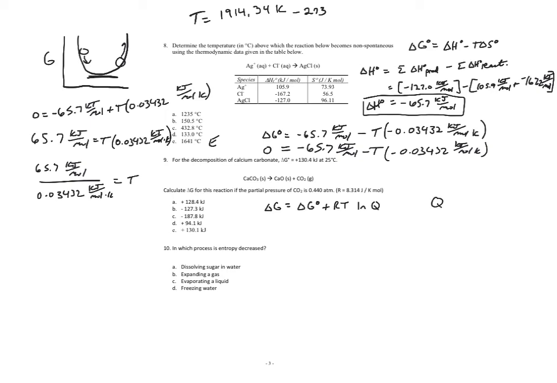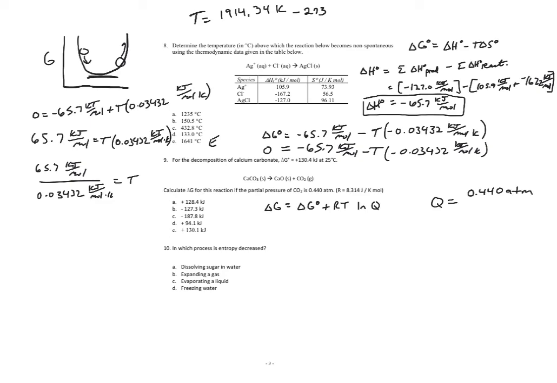Number one, if we're thinking about Q, normally you can think about this in terms of partial pressures or concentrations of your substances. Notice in this case, you are given a partial pressure of CO2 of 0.440 atmospheres. All right.